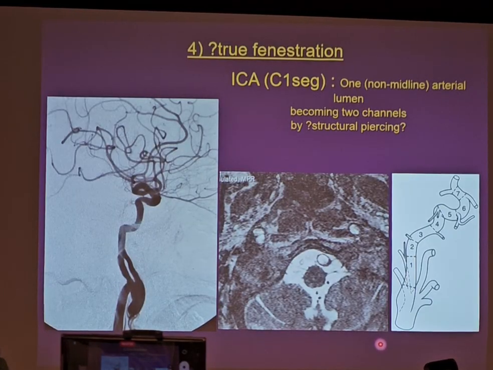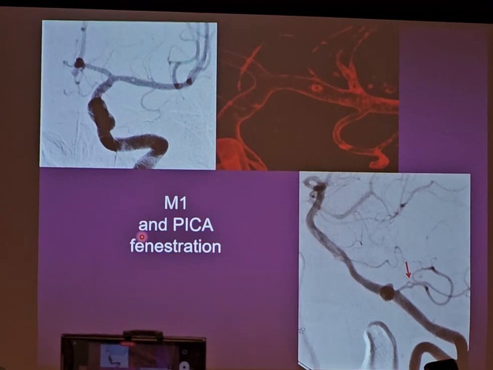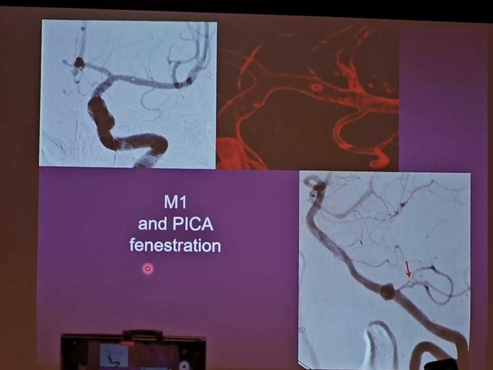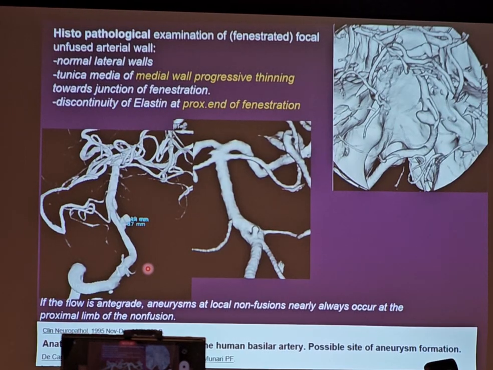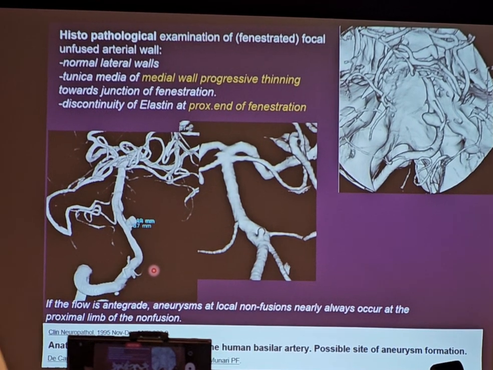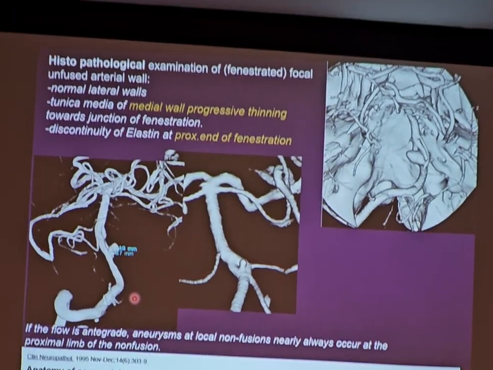The classic one that was put in the book is in the cervical carotid. Like this, probably a true fenestration, and probably here a hole, here a hole.